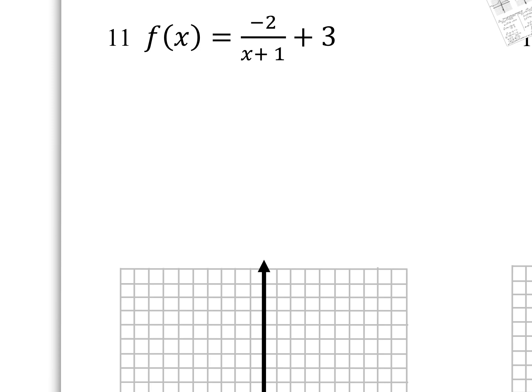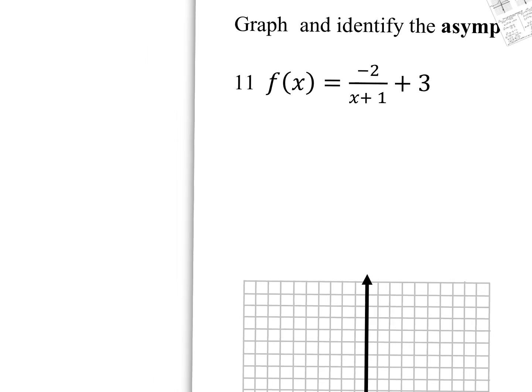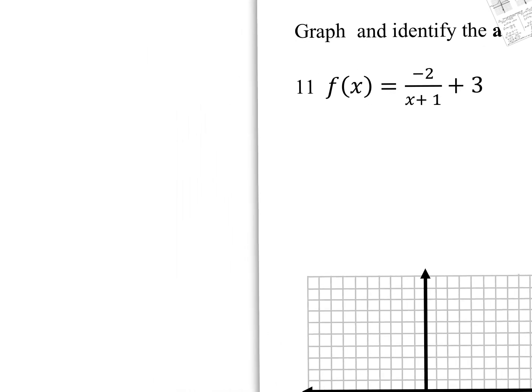So I hope we remember the form of one of these guys. Let me rewrite the form here. We should all remember that the h is always being subtracted from x, either in parentheses or in a square root or in the denominator, right? The h is always being subtracted from x. The k is the number that's being added or subtracted at the very end on the outside.